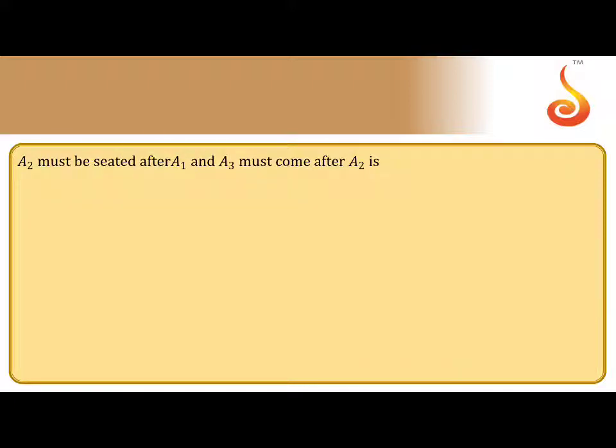Next, A2 must be seated after A1, and A3 must be seated after A2, they are asking. So first, arrange the 12 members in 15 places.